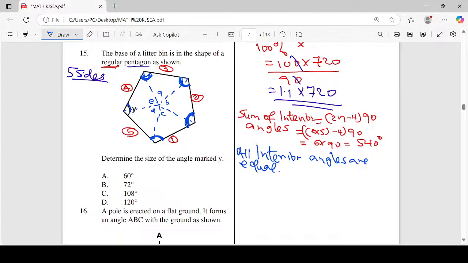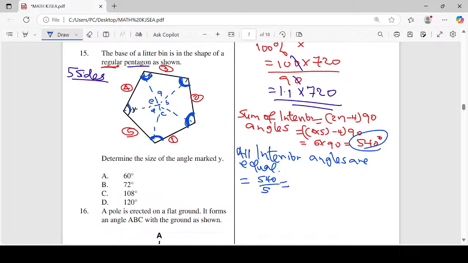Now, because they are equal and the sum of their angles amounted to 540, I'm going to say 540 divided by 5.